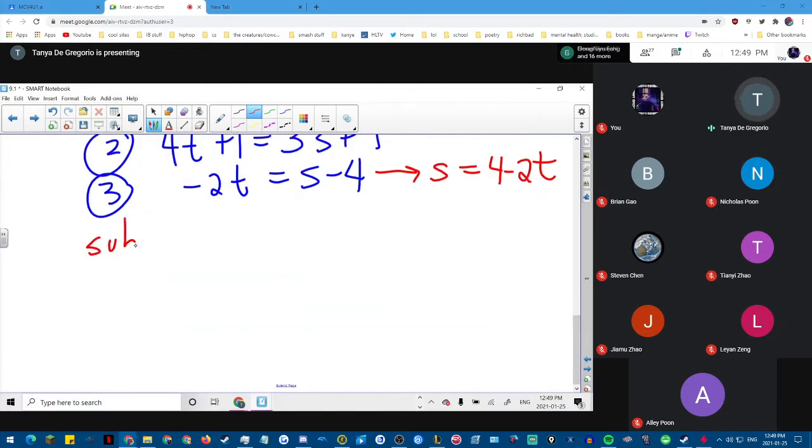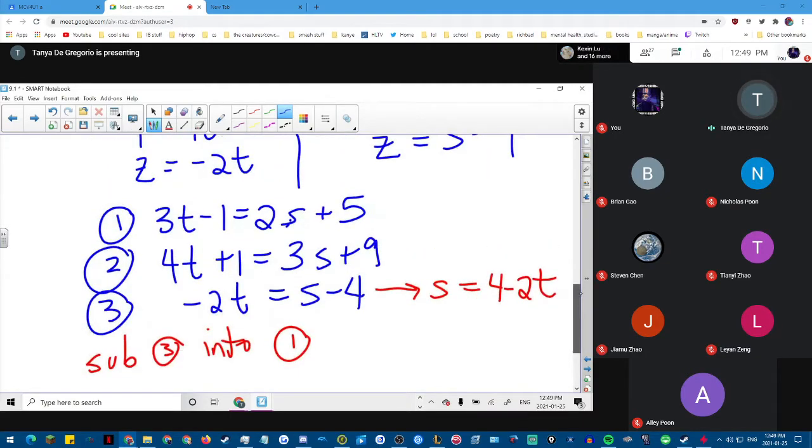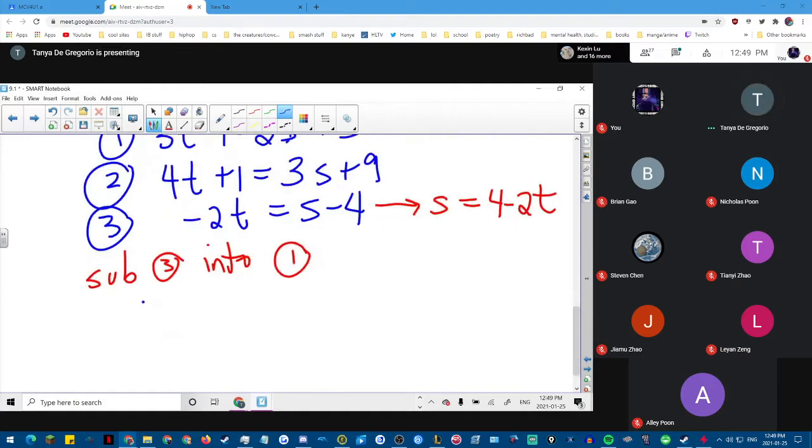Yeah, I'm just doing substitution, right? I'm just going to call it 3. And I'm going to sub it into 1. And so from 1, I have 3t minus 1 equals 2 times s.